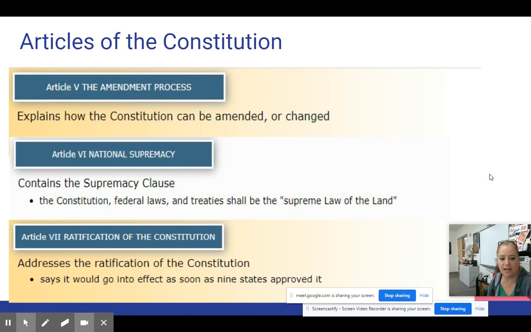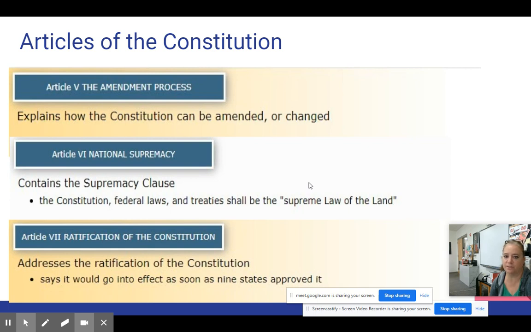But this one, the National Supremacy Clause, it's important because throughout this class, hopefully we'll be able to look at some Supreme Court cases. Those are cases where somebody did something, so it's not somebody kills somebody and goes to prison for that. These are looking at the constitutionality of laws.